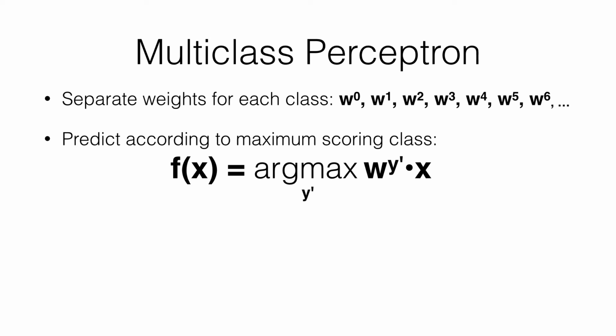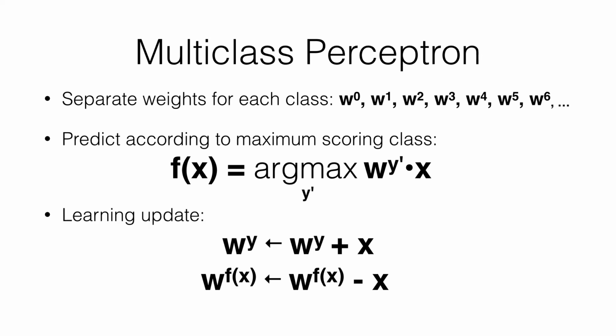So the learning update looks a little bit different, but only a little bit. This is the update, and again, here's the recipe. Let's think about it now. There's two classes that we're going to consider. Y is the true label. We've always been using Y as the true label.